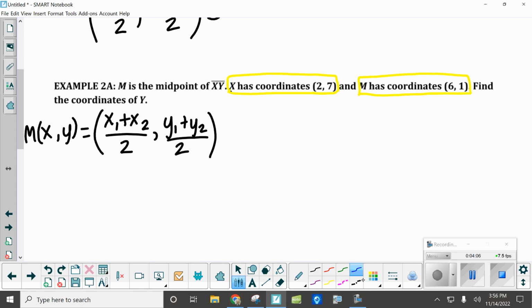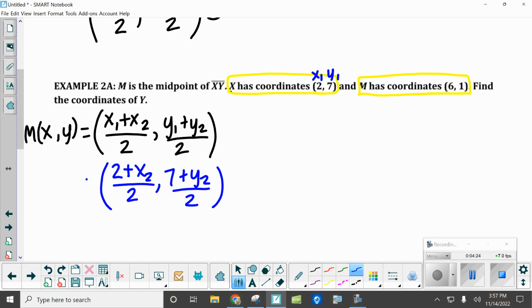We know this is the x1, y1, so I can plug those in. So I've got 2 plus I have no clue over 2, and then 7 plus I have no clue over 2, and that is going to have to equal 6, 1 because that's my midpoint.